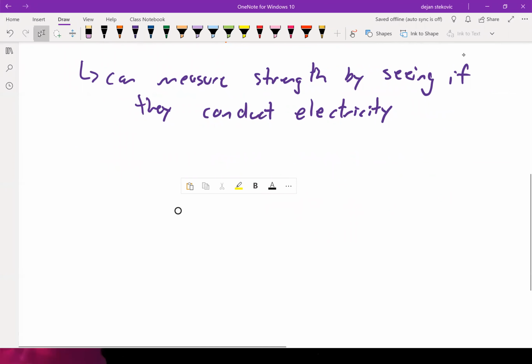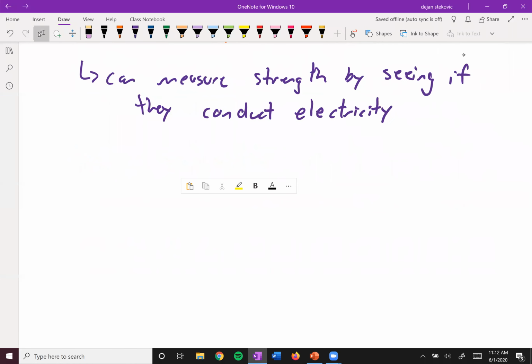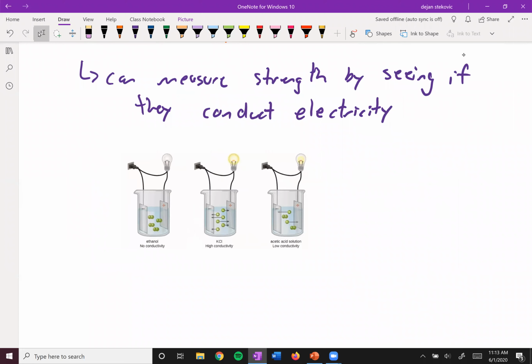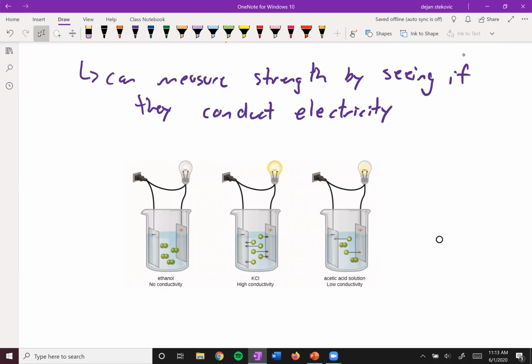So electricity is the movement of charge. And so in order to have electricity, you need to have charge that's able to move. And so if you have something like ethanol, which is a non-electrolyte, you have no charge to move, so electricity cannot flow. So you see the light bulb is not turned on.